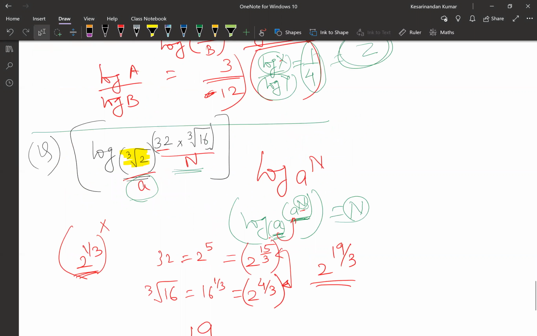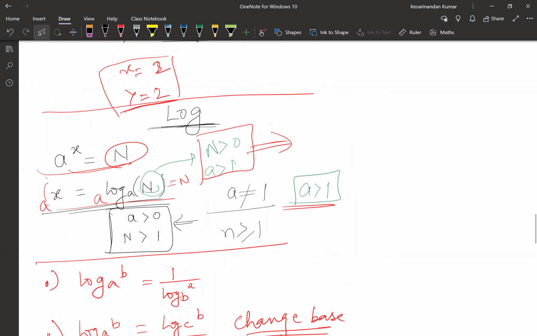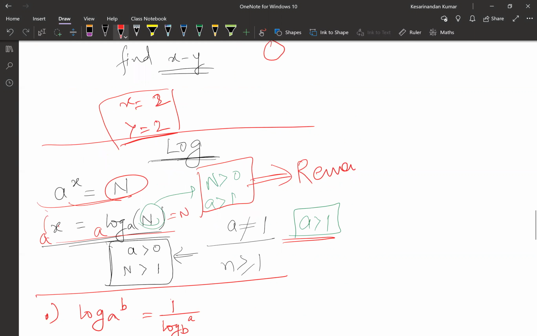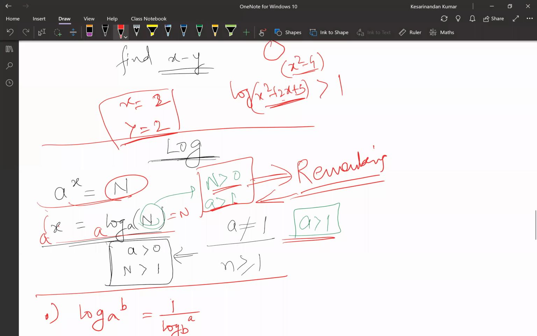Okay. Guys, the important part regarding this is remembering this one. This is quite important. Sometimes we forget the basics, and CAT tests on these basics which we forget. What they can do is, let's say they will give you log of x squared plus 2x plus something plus, let's say, 5, and your x squared minus 4, and now you need to know the criteria that this needs to be greater than 0, and this needs to be greater than 1.